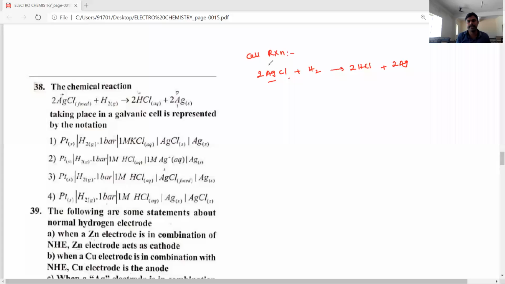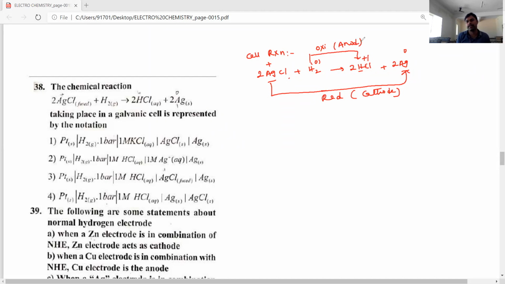In AgCl, Ag is in the +1 oxidation state; here silver is 0, which means it is reduction. Reduction means it acts as the cathode. In H2, the oxidation number of hydrogen is 0; in HCl it is +1. Then it is oxidation, which means it acts as the anode.